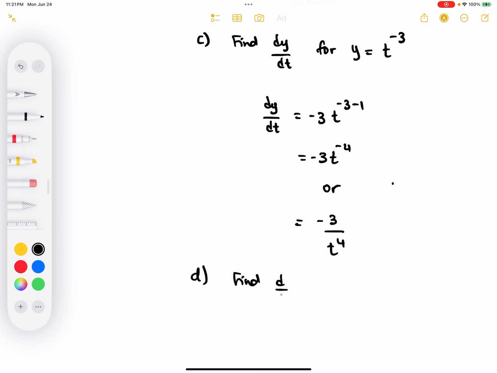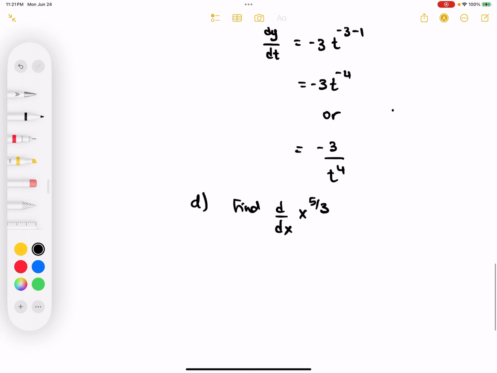d by dx of, for example, sometimes you may be given it this way. This is a rational exponent.